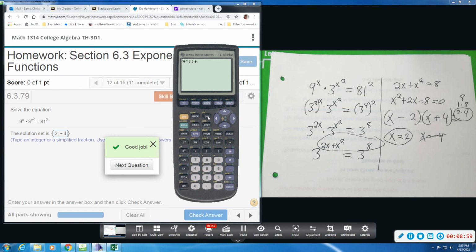Parentheses, second, insert, negative, move forward and back, we get a 4, close it. Alright, so that's that part. And then times, we'll do 3 raised, negative 4.